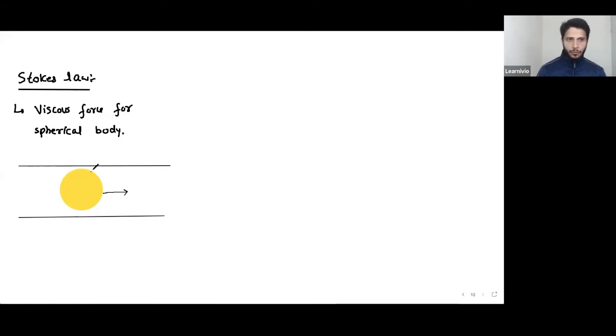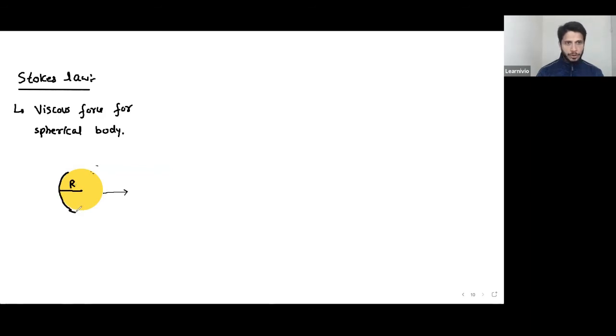This fluid will exert viscous force on the sphere. Now, a very natural question arises: viscous force is the force between two layers of the fluid, not the force between a fluid and a solid body. Then how can this fluid exert viscous force on the sphere?